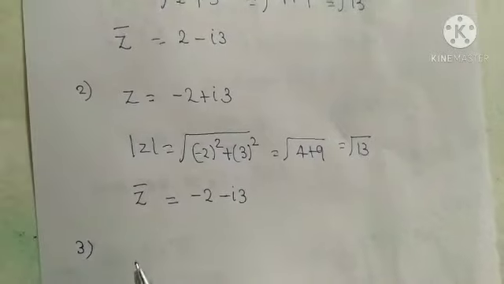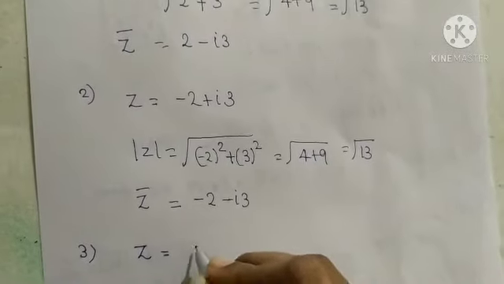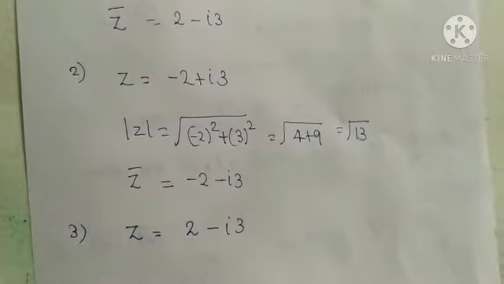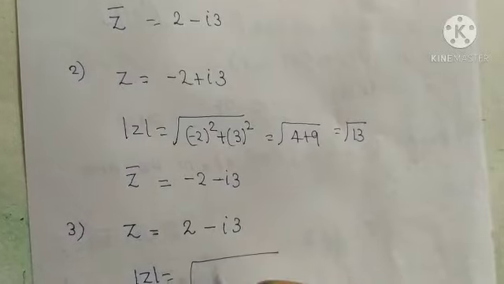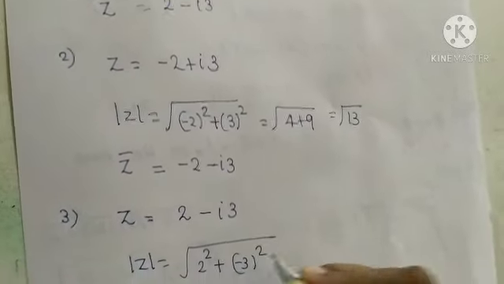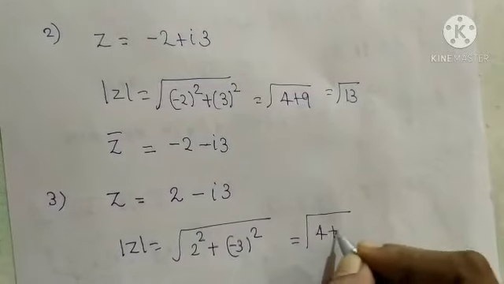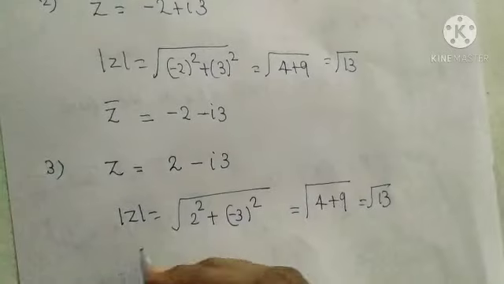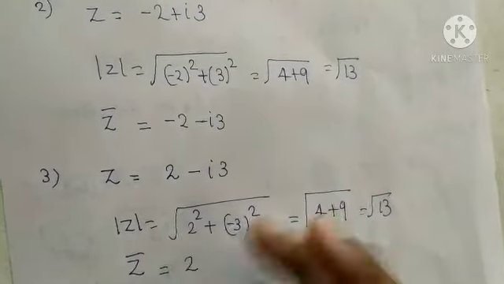So third example, let z equal 2 minus 3i. Mod z equals root of real part square plus imaginary part square. So this will equal root of 4 plus 9, equal to root 13, and z bar, the conjugate, is equal to the real part.